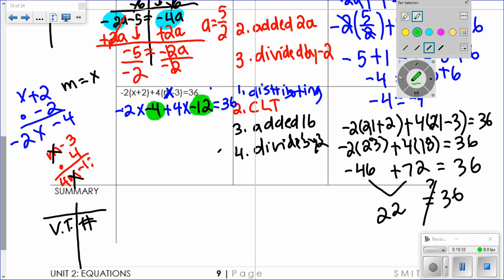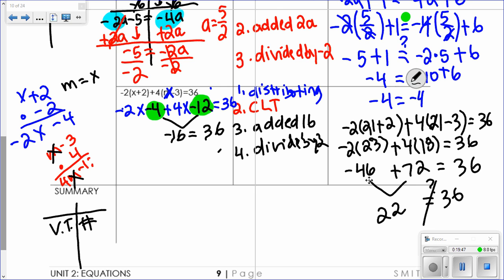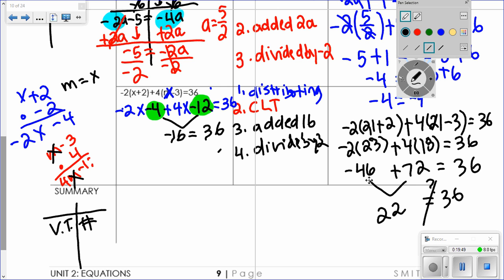Okay? My like terms are negative 4 and negative 12. When you combine them, that's negative 16. This still equals 36. You still need to take care of negative 2x and 4x.